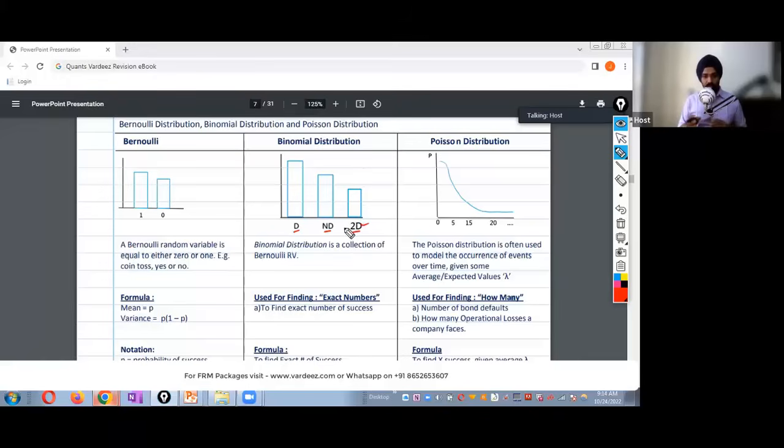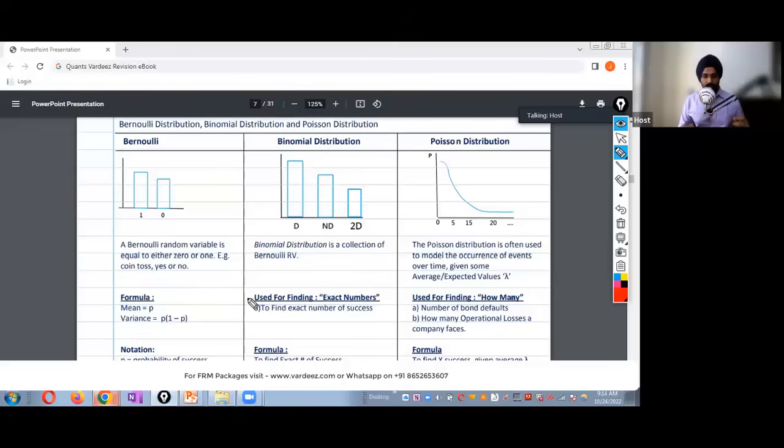For a bond, the outcome is the same: it's either default or no default. But when you have multiple bonds, or maybe multiple loans for a bank, it's going to follow a binomial distribution.